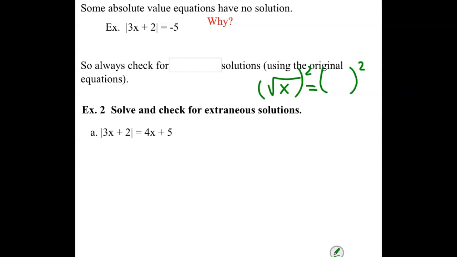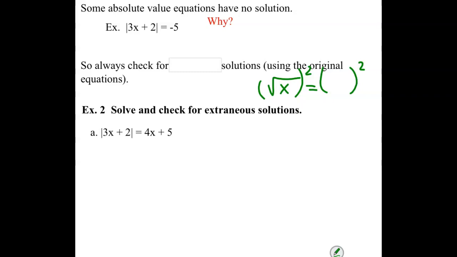So if I have a negative number in here, when I square it, it turns into a positive number. So if you have a step in the question where all of a sudden you have to square both sides to simplify it, you've eliminated some possible negative things. Does that make sense? Okay.